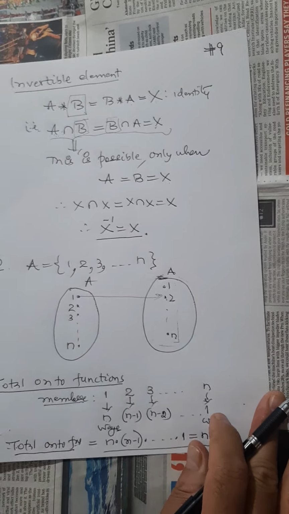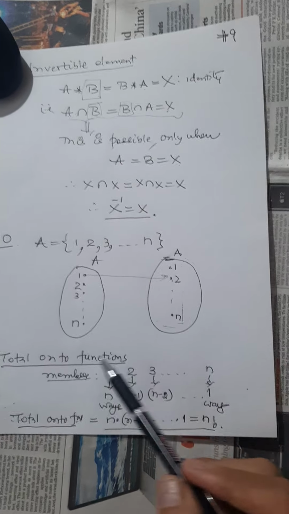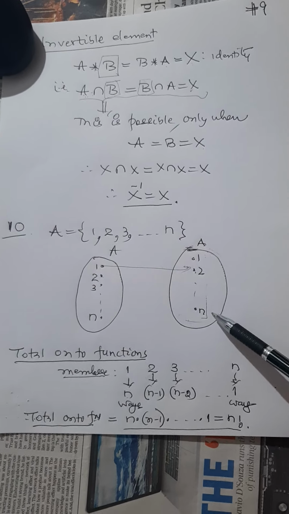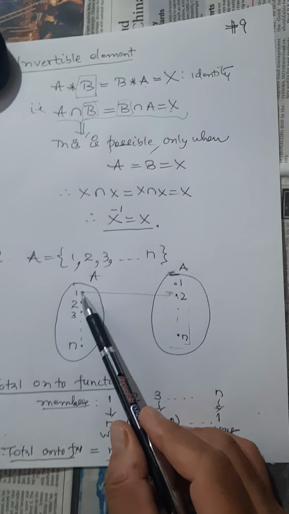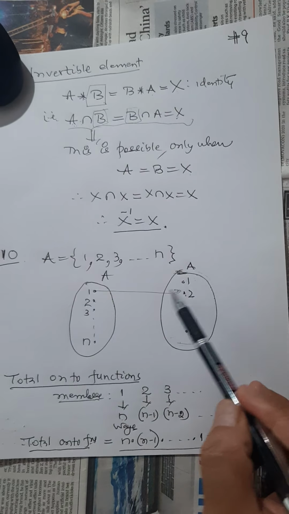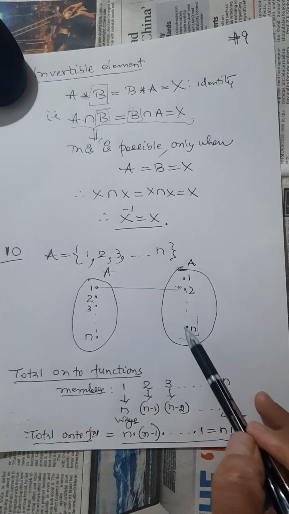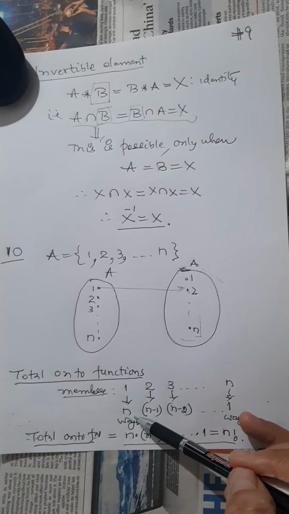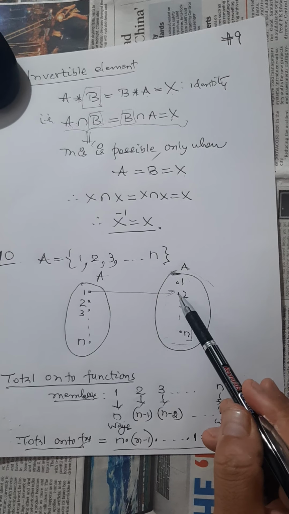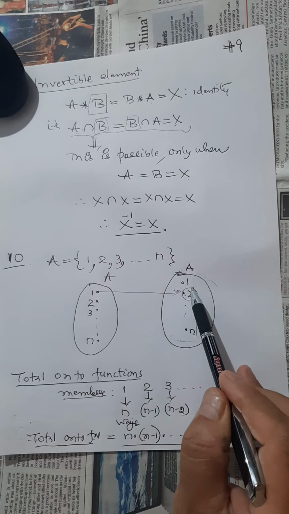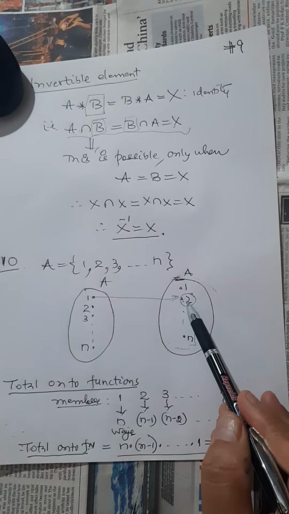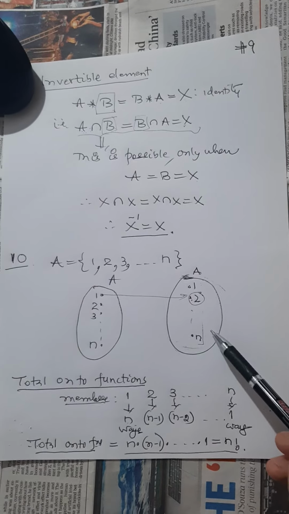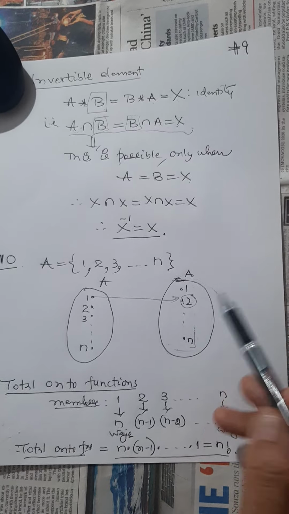I repeat this. Onto function means there should not be an extra member in the codomain. So if I take the first member 1, which you can take with 1, with 2, with 3 and so on with n, then 1 can be associated in how many ways? n ways. Now one member you have chosen, for example 2. Then 2 again you cannot take with 2. If I take 2 with this one, then you will find one extra member in this. So in that case it's not onto.